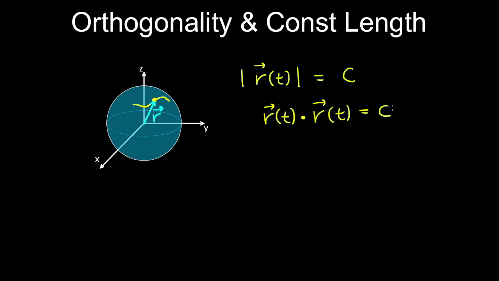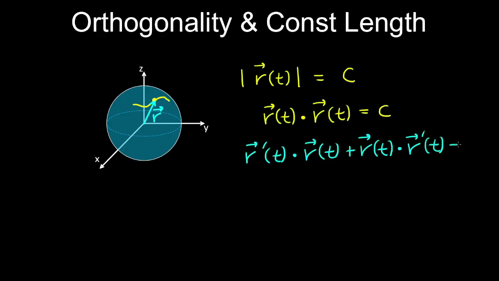And now differentiating both sides by the product rule, we get r dash of t dot r of t plus r of t dot r dash of t is equal to 0.